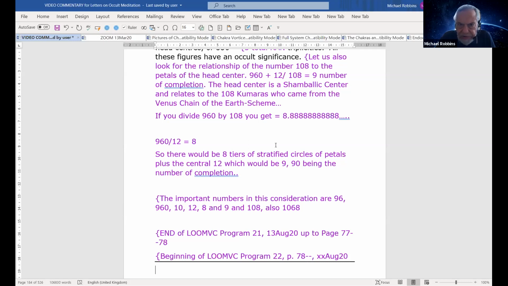And maybe when we add all these numbers together, we'll get yet another number, which will be of deep significance to us. So far, in adding the 960, the 12, and the 96 of the Ajna Center, we get 1068, which leaves us with 32 remaining. And we'd have to see whether we can fill in that 32.